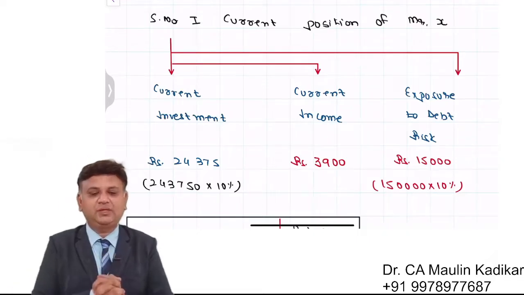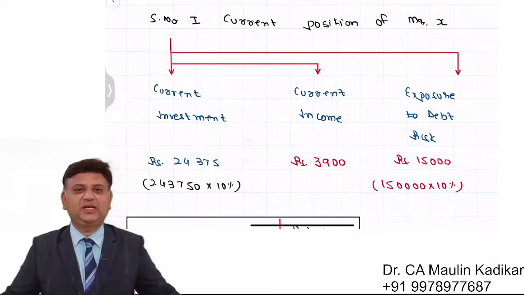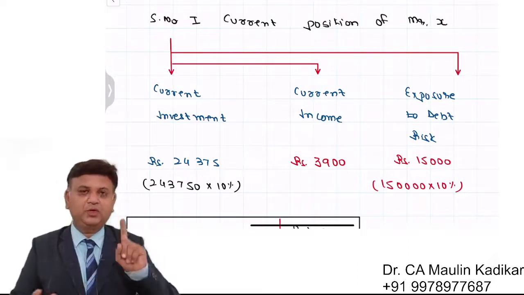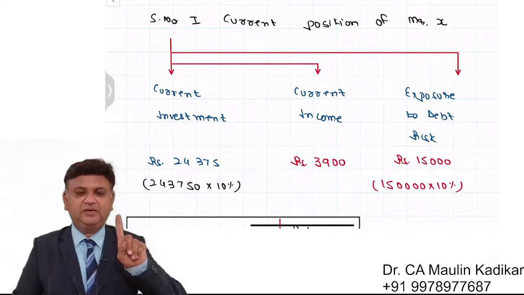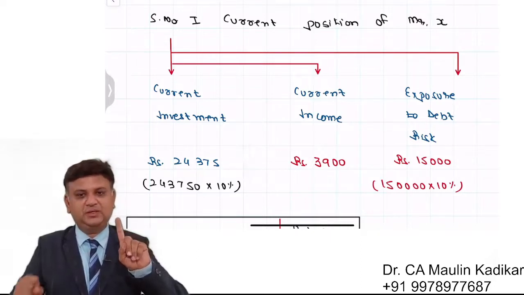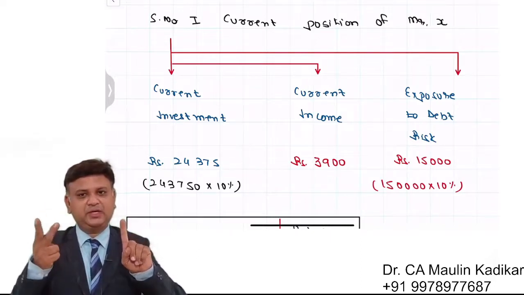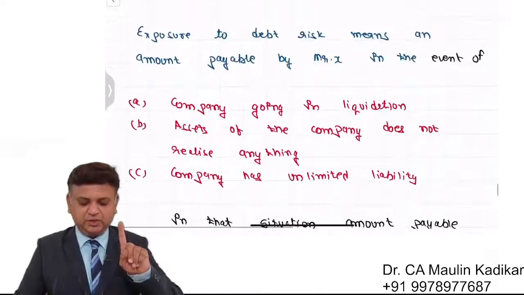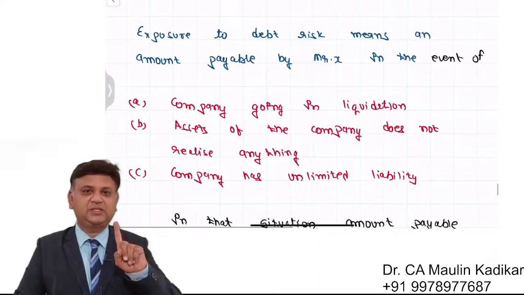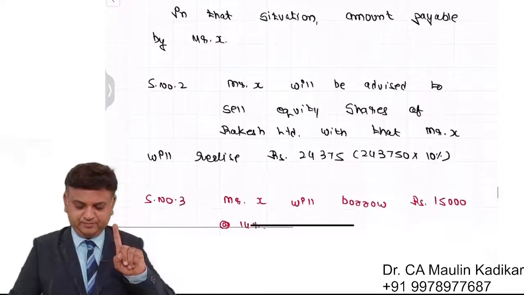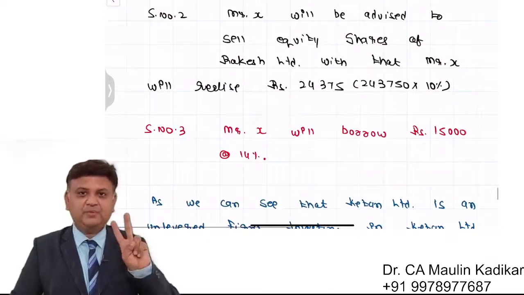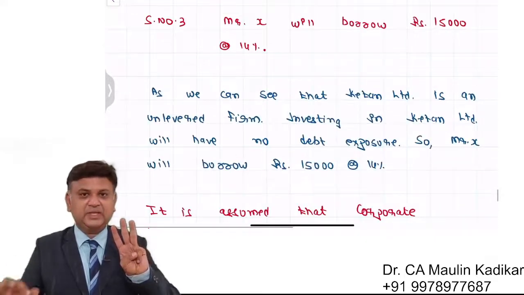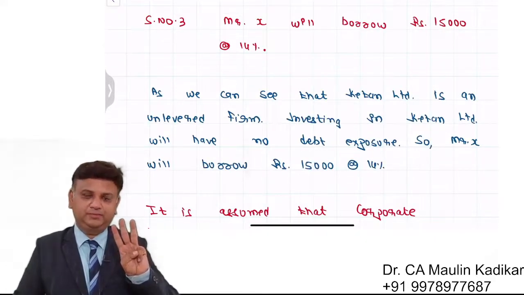A small revision, and what I want to tell you is what answers you are required to write in the examination. You have to write step number 1, in which the current position of Mr. X of 3 things: investment, income, and exposure to debt risk. You don't have to write the explanation of what the term debt risk means. Step number 2, just mention the sale of investment. Step number 3, borrow.